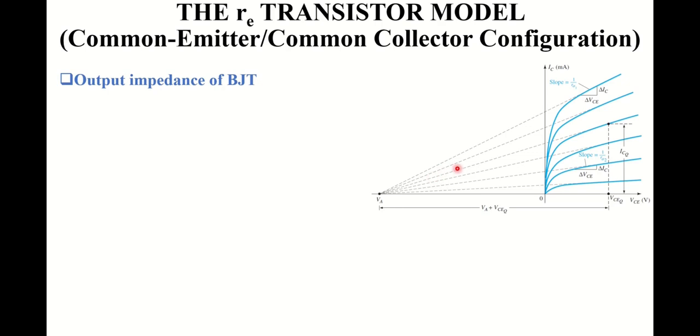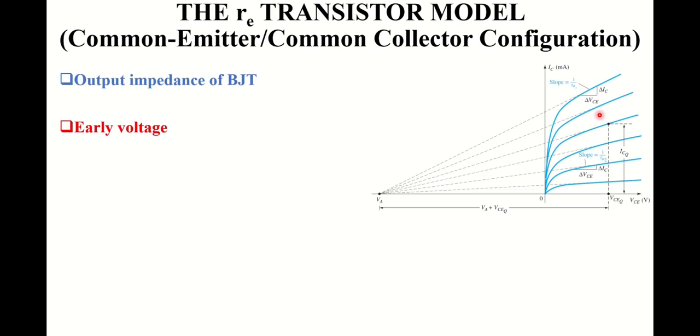Interestingly, all the extended lines intersect the horizontal axis at a common point that is known as early voltage and is represented by VA. It can also be seen from this graph that as the value of base current IB increases, the output impedance Z0 also increases, and the same is true for the collector current IC.